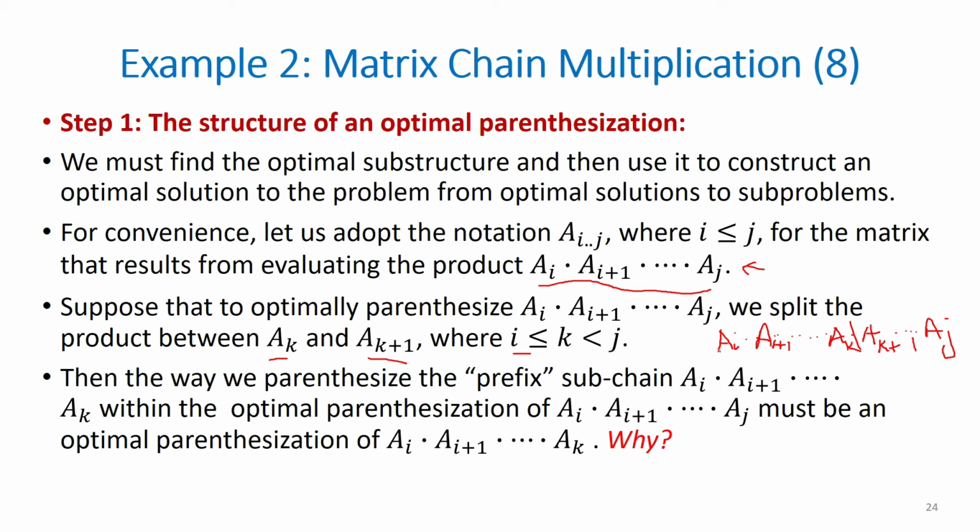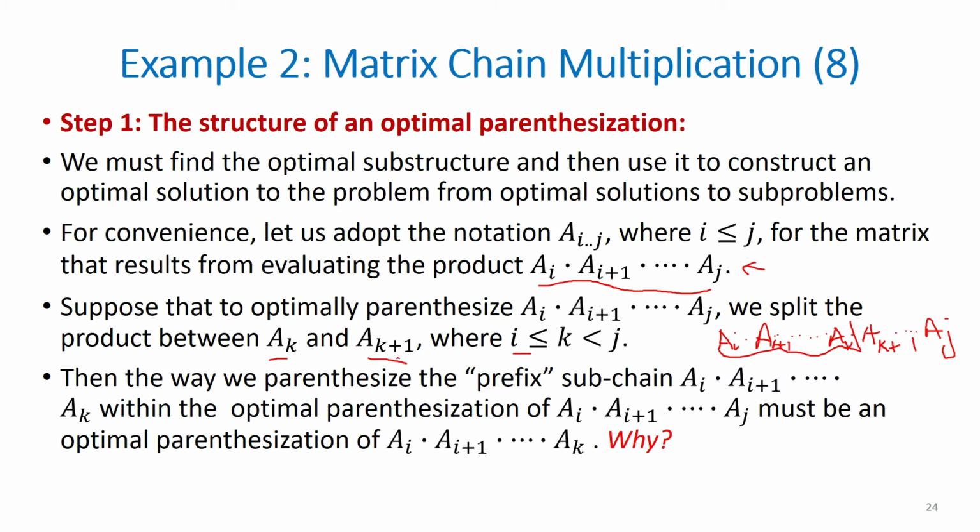So now we have a sub-subchain, and this sub-subchain, that means from Ai to Ak, would be the prefix of the subchain Ai..j. Therefore, we can say that the subchain Ai to Ak is actually optimally parenthesized. Why? Because we assume that Ai to Aj has an optimal parenthesization if the split is between Ak and Ak+1.